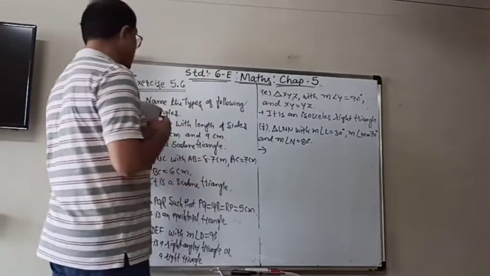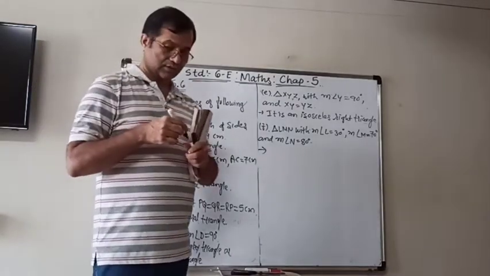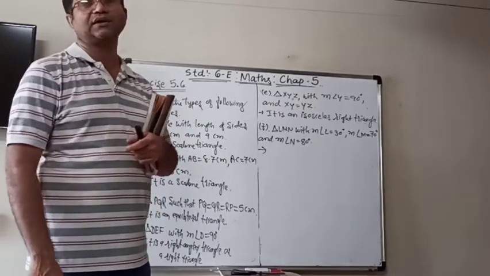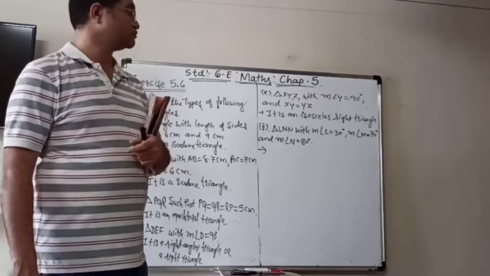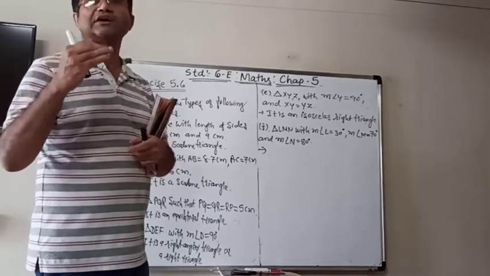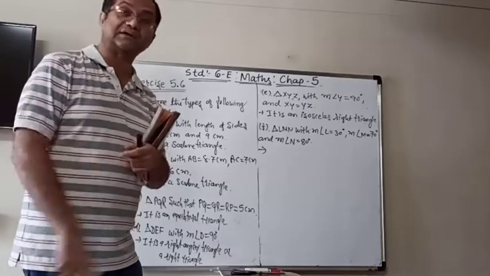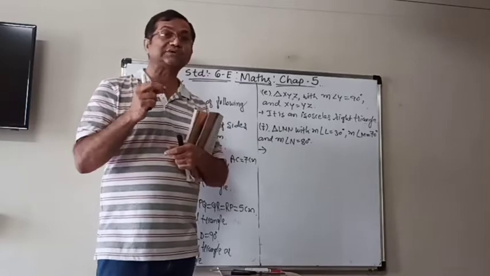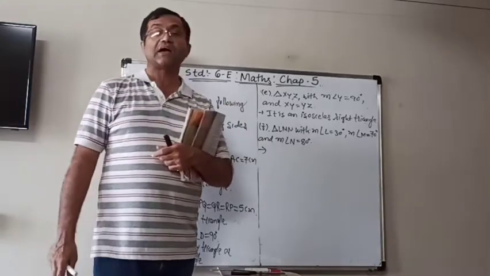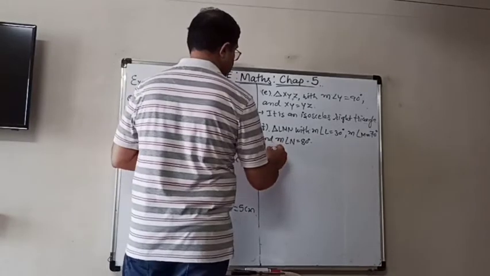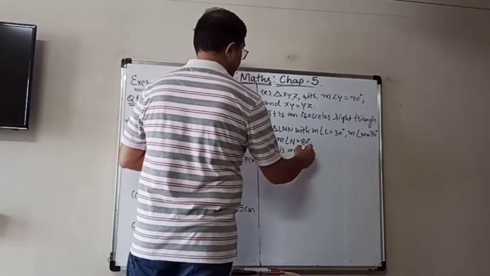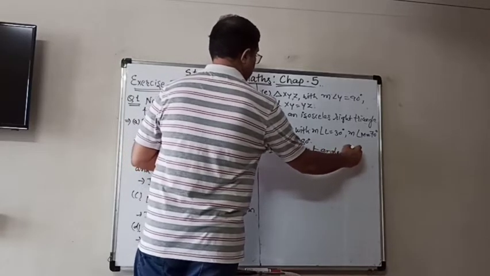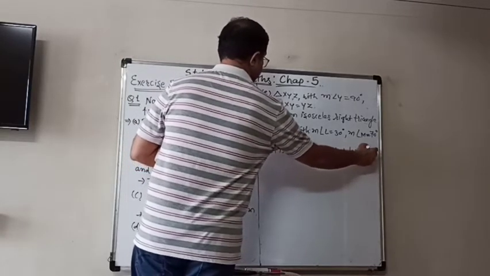Now check the measures of all the angles. Is any one of them greater than a right angle, greater than 90 degrees? No. All angles have measure less than 90 degrees. So which type of triangle is it? It is an acute angled triangle because all three angles are acute angles. So we can write it is an acute angled triangle.